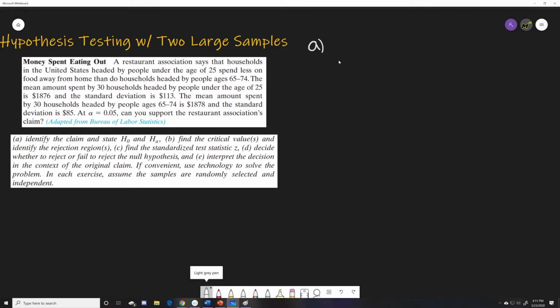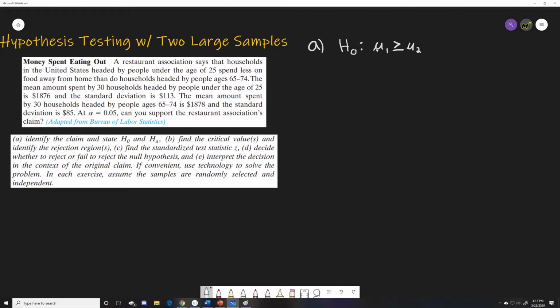What is the null and what is the alternative? So we have H naught, and H naught always has the property of equality. When we're looking at two items, we have to determine which population mean is greater than or less than the other, or if they're equal. Right now it looks like our first mean would be greater than or equal to the other mean, the older group's mean.